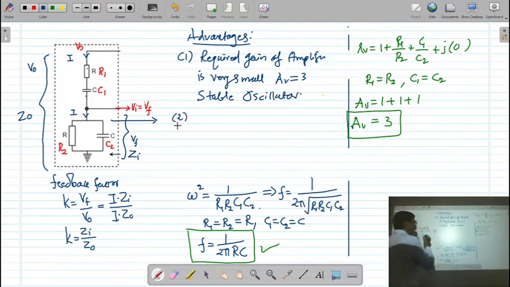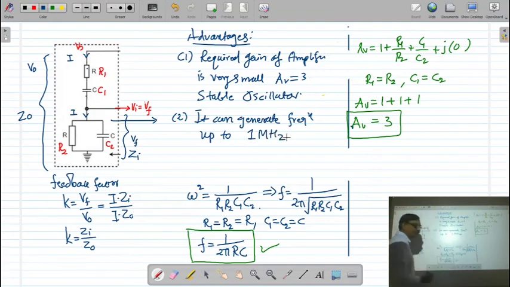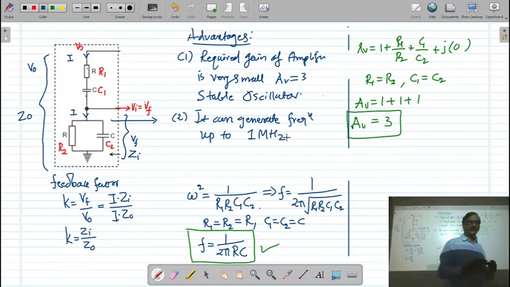What is the second advantage? That it can generate frequency up to 1 megahertz easily. This network cannot be used for higher frequency generation like 10 megahertz or 20 megahertz.